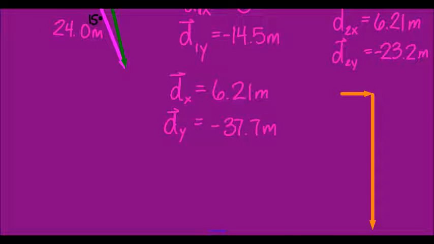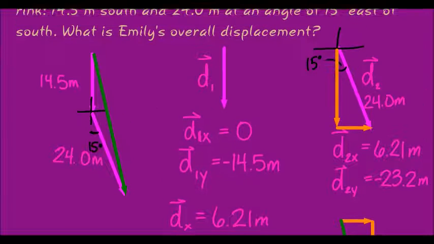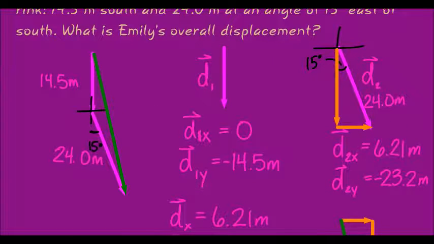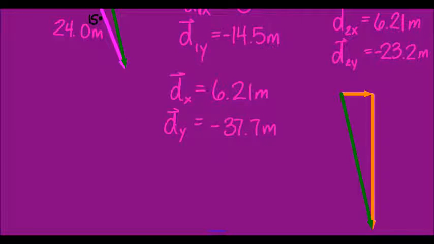I put those two components tip to tail. So I see my result is that green vector. Notice how that green vector looks pretty similar to the green vector I drew up above. As long as you do your drawings with relatively accurate magnitudes of your components, it should help you out in knowing if you've done things correctly.